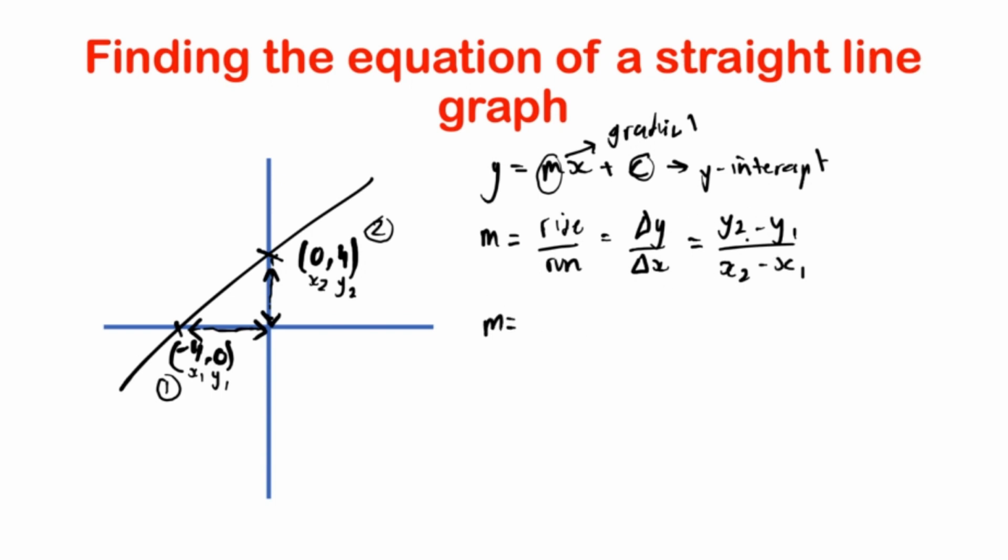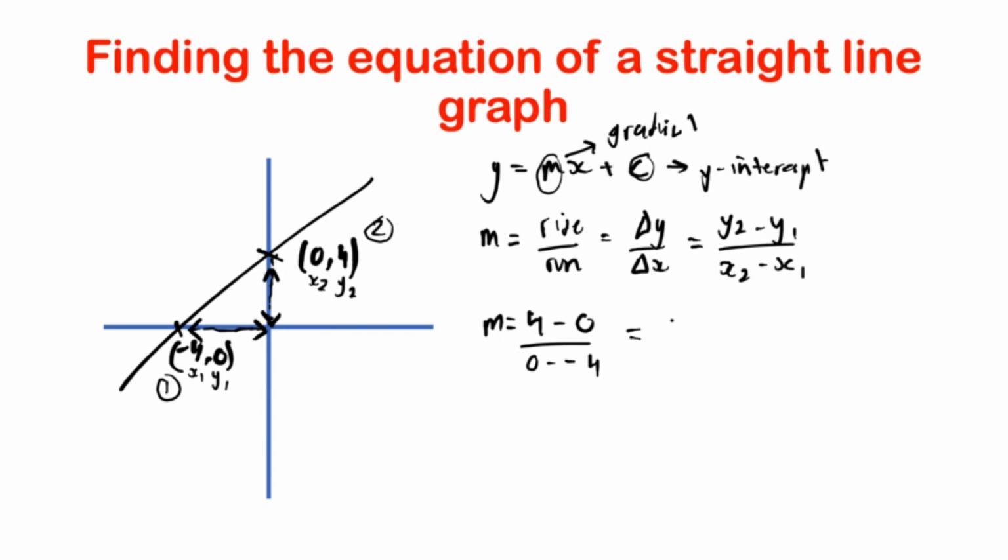y2 minus y1 is basically the difference in y, which is 4 minus 0, over x2 minus x1, which is 0 minus minus 4. The reason why there's two minuses is because x1 is a negative 4, so you have to add the second minus.